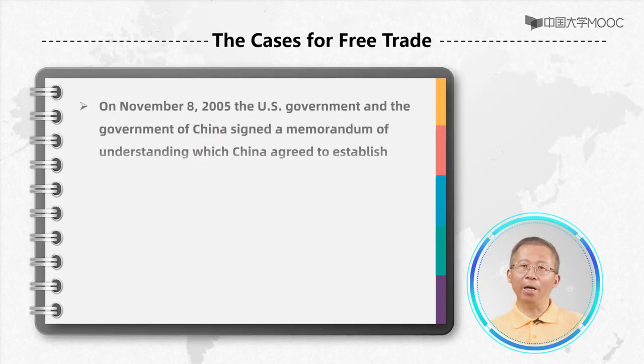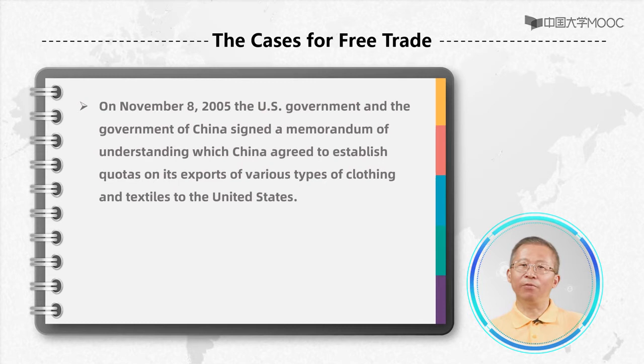On November 8, 2005, the US government and the government of China signed a memorandum of understanding in which China agreed to establish quotas on its exports of various types of clothes and textiles to the United States.